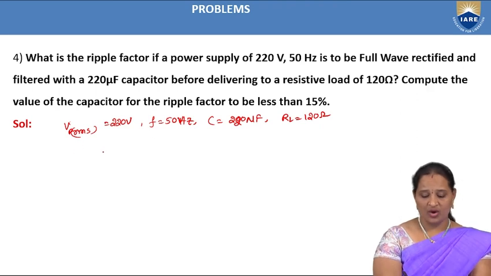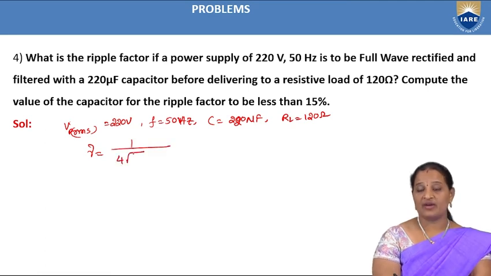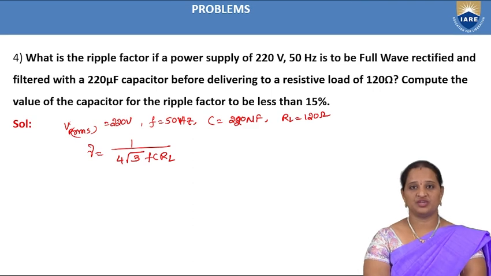Now, first of all, we have to calculate the ripple factor. We already know the ripple factor formula for a full wave rectifier with capacitive filter: 1 by 4 root 3 FC into RL.